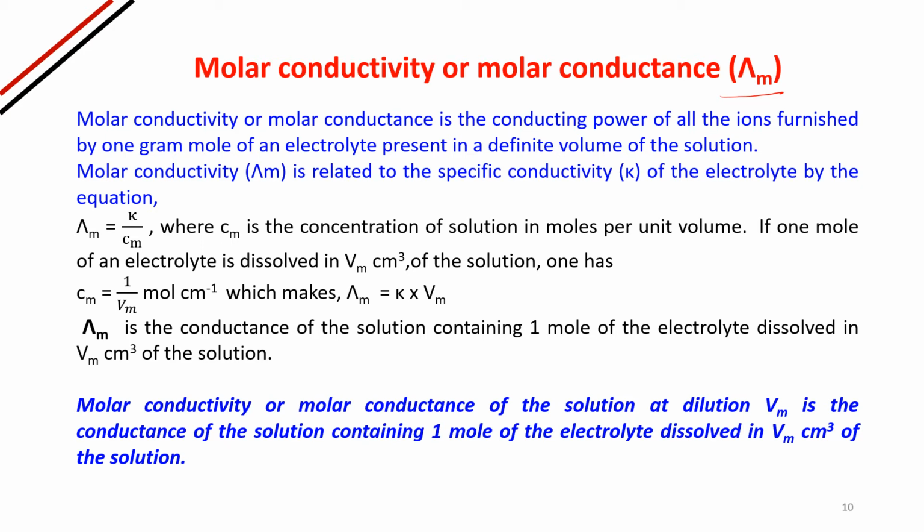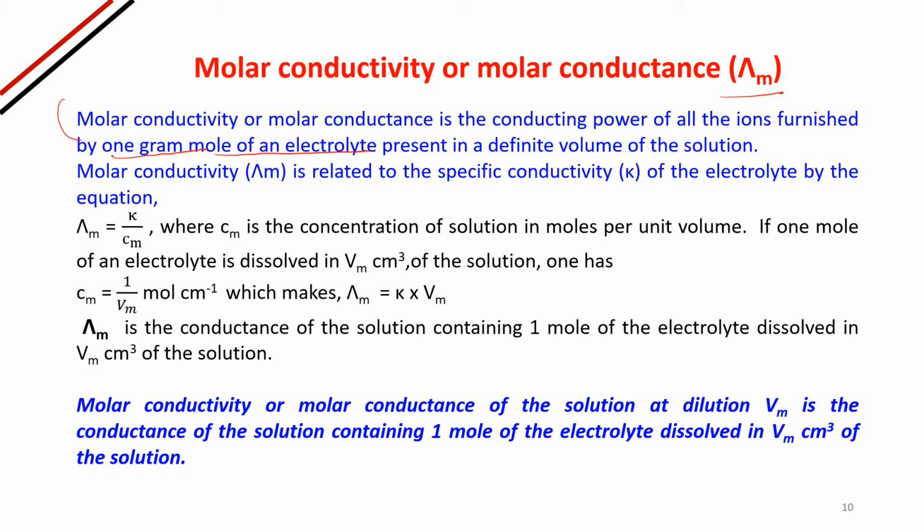Just similar to that, molar conductivity or molar conductance is the conducting power of all the ions furnished by 1 gram mole of an electrolyte present in a definite volume of the solution. For equivalent conductance, it is 1 gram equivalent of an electrolyte present in a definite volume of the solution. For molar conductivity, it is 1 gram mole of an electrolyte present in a definite volume of the solution.